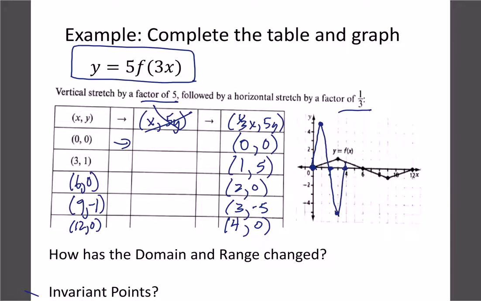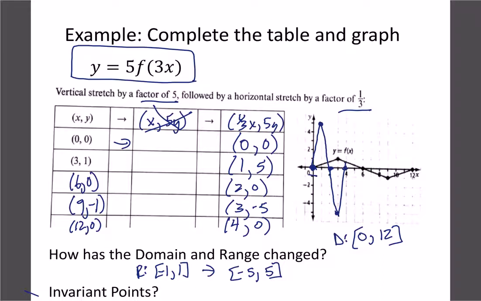So again, if we compare each part of it, does it look like it's a vertical stretch of 5? Yeah. Our original range went from -1 to 1. It's now changed from -5 to 5. We did a 5 times vertical stretch. The original domain was 0 to 12.